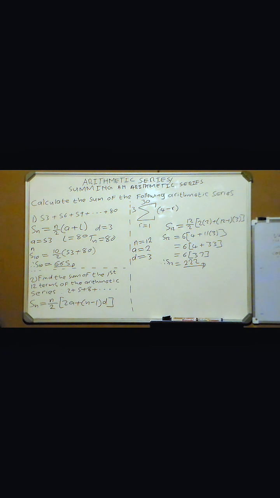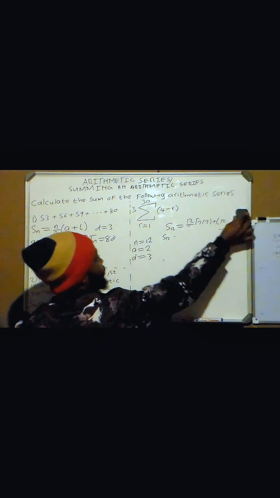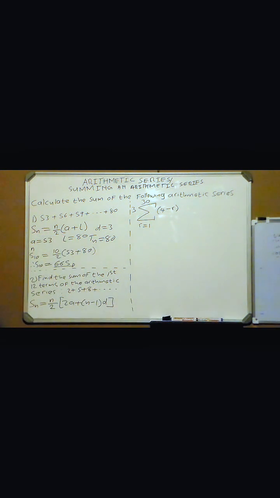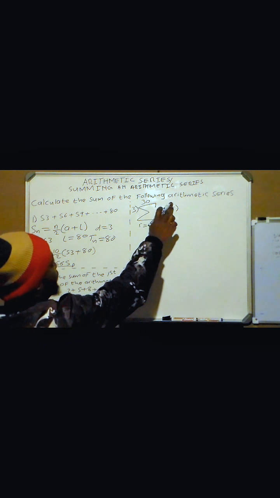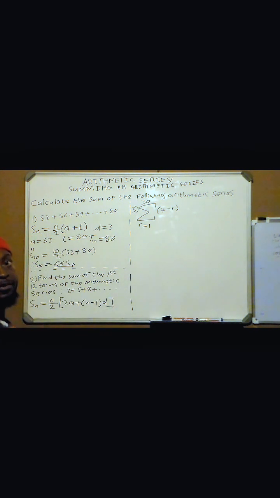And then we go and use the sigma notation. So now we are given the sigma notation. This follows from this question: calculate the sum of the following arithmetic series. So the first thing here that we need to do is to formulate a series for ourselves so that we know the terms that were added.